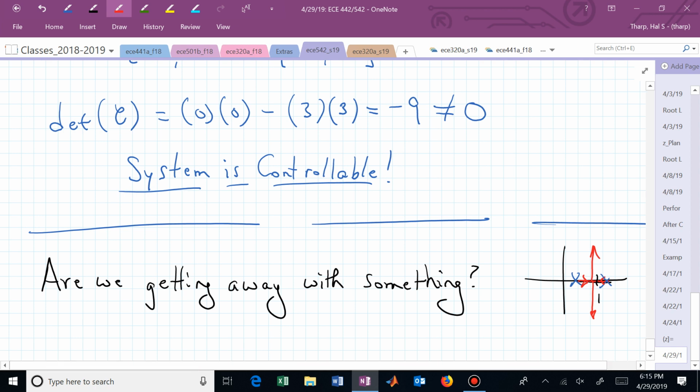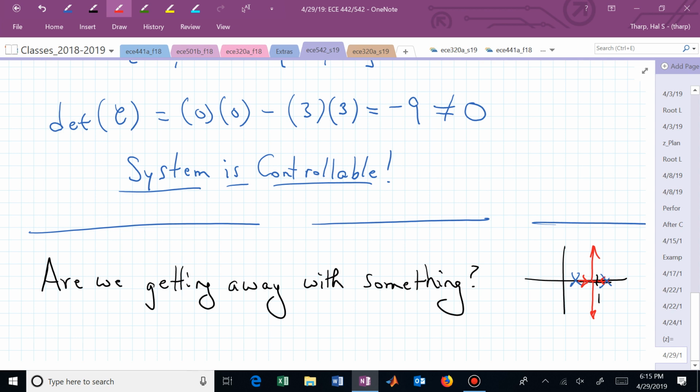And in fact, this system could be stabilized because the breakaway point occurs to the left of 1. And now you can't crank up k arbitrarily because you'll zip outside the unit circle. So there's a range of k for stability, but you can stabilize it. But we definitely don't have any point we want arbitrarily inside the unit circle.